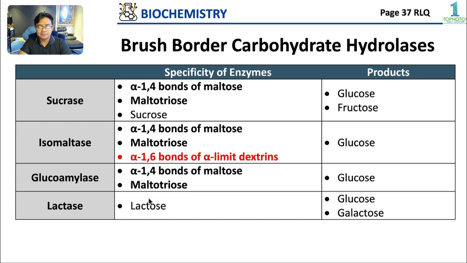Now, to complete the digestion of carbohydrates initiated by your pancreatic amylase, we have brush border hydrolysis: your sucrase, isomaltase, glucoamylase, lactase. Now, in memorizing tables, you don't have to memorize everything, as mentioned multiple times. Always find the trends and exemptions to the rule, for these are testable questions.